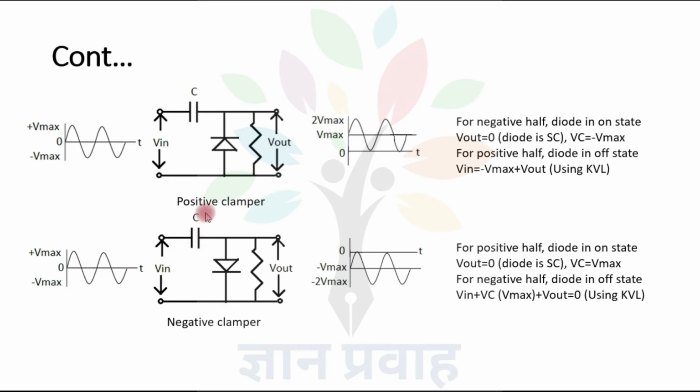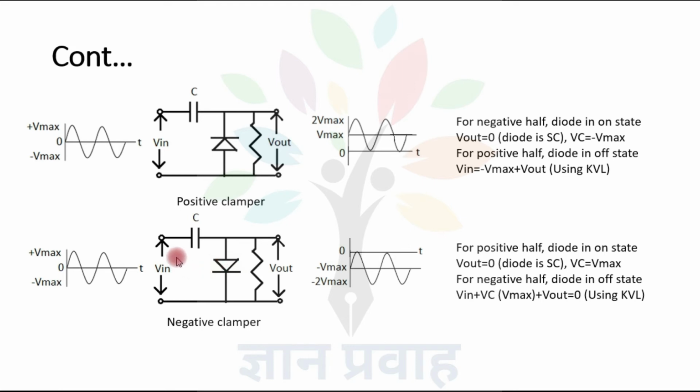So the voltage across this capacitor is Vc and it is equal to Vmax. This PN junction diode is in forward bias, so Vout equals 0 for the positive half. For the negative half, the diode is operating in reverse bias or in off state.